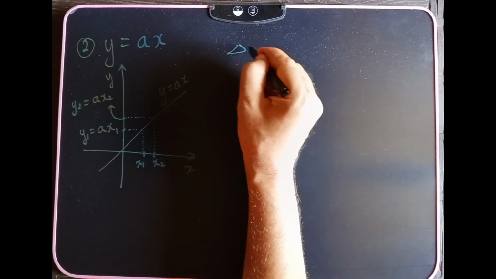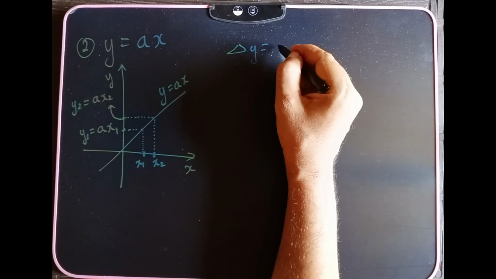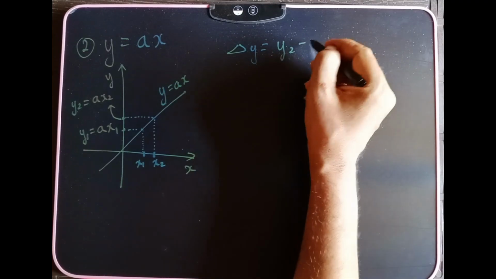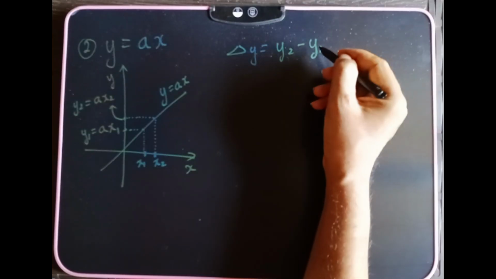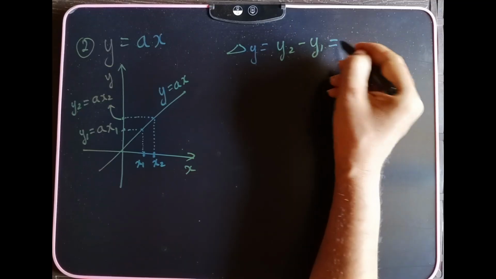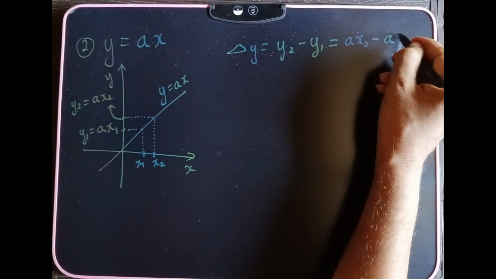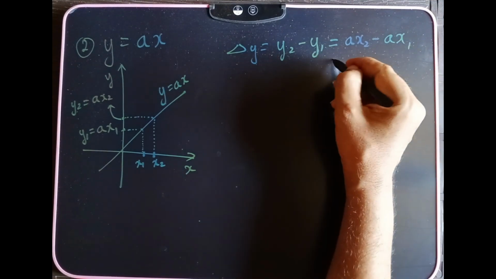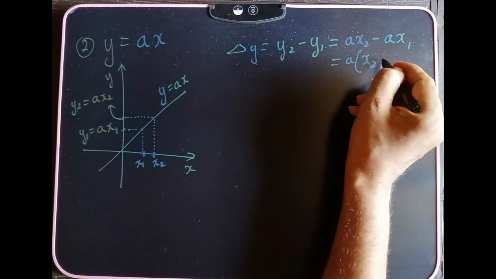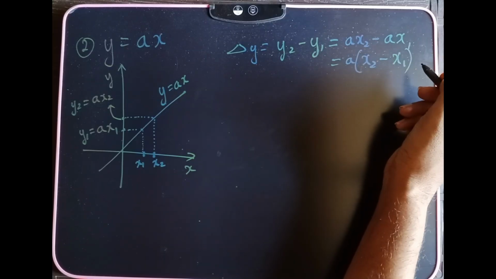So now what is delta y? Delta y is nothing but y2 minus y1, which is a x2 minus a x1. So I can write this as a times x2 minus x1.